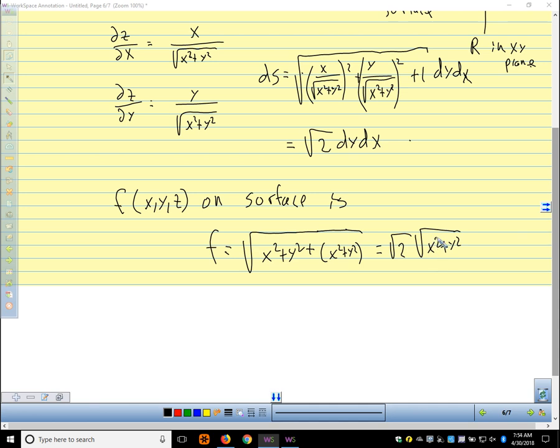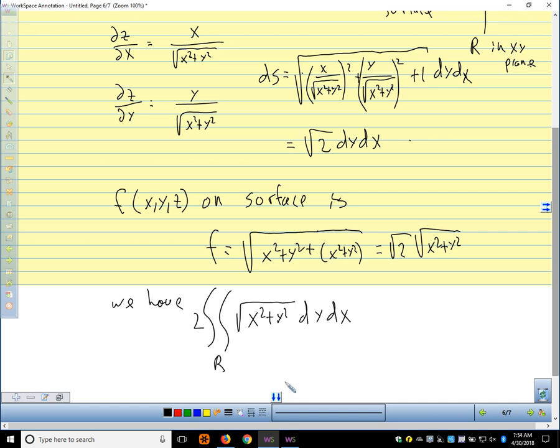So finally, we have the double integral over our region in the xy plane of 2, because we get a square root of 2 here and a square root of 2 here, times the square root of x squared plus y squared dy dx.